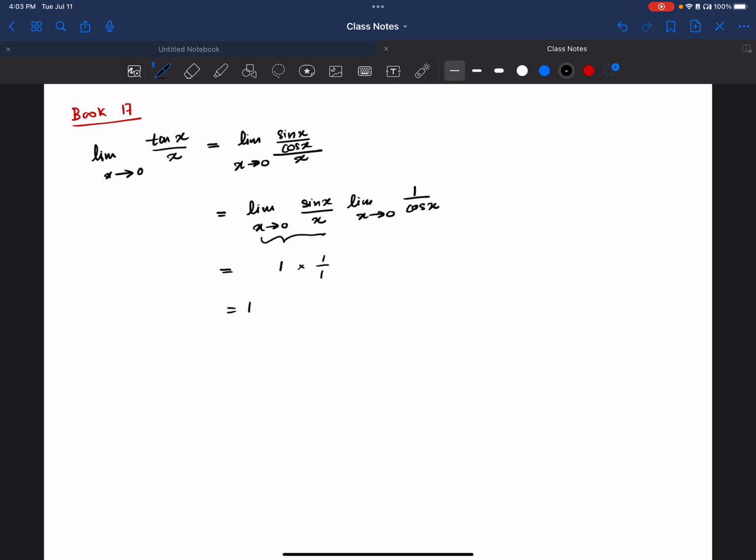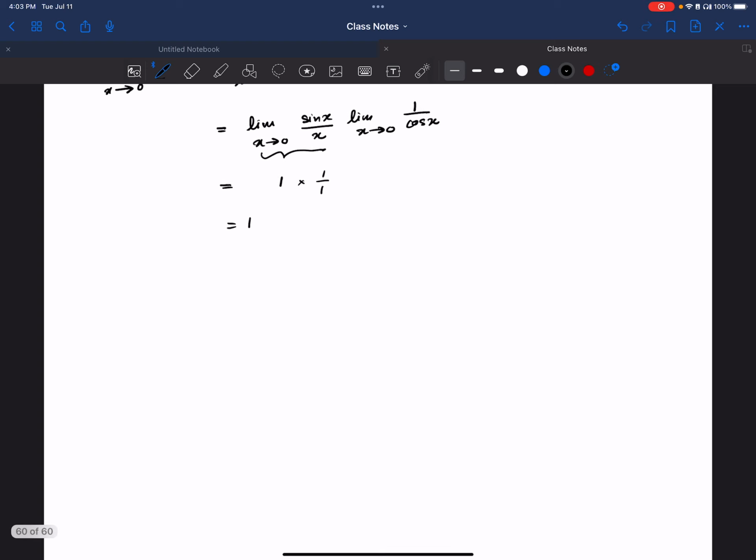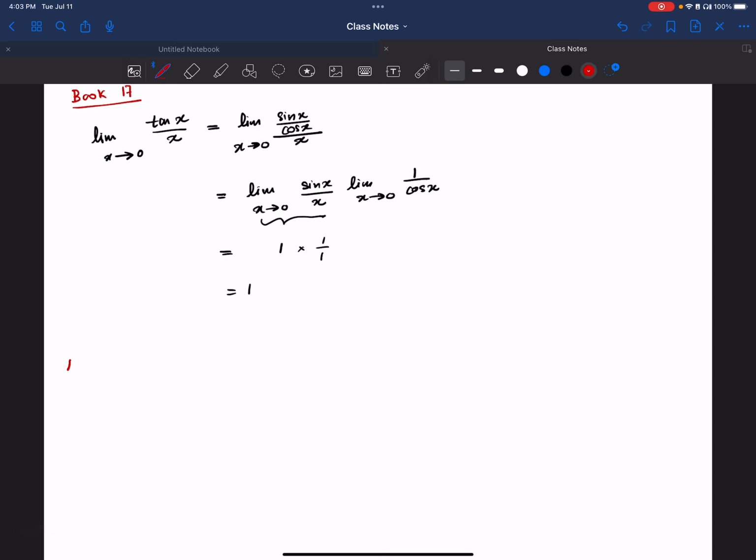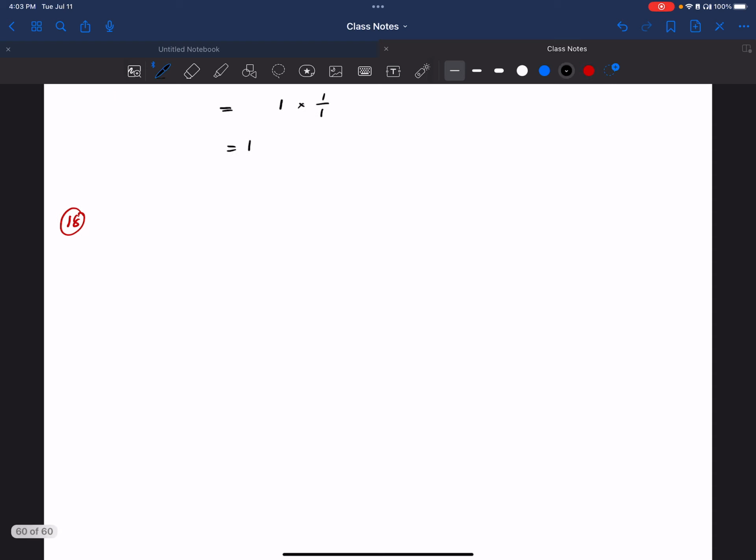Okay. And problem 18 from the book. The problem is limit as x goes to 0 of sine x secant x divided by x, which equals limit as x goes to 0 of sine x over x, right?